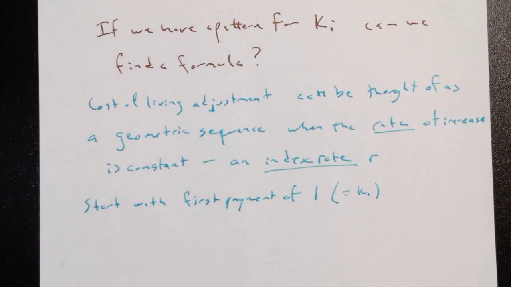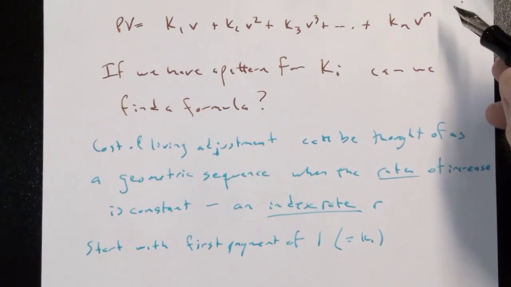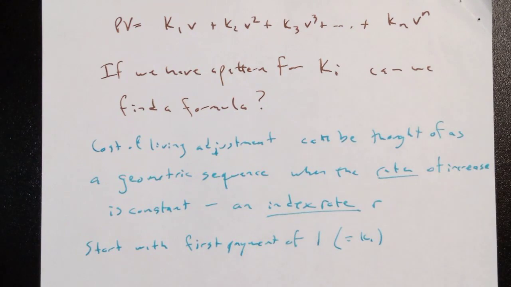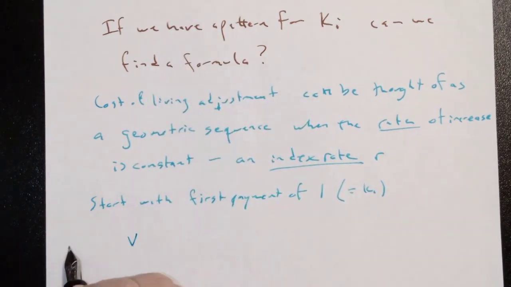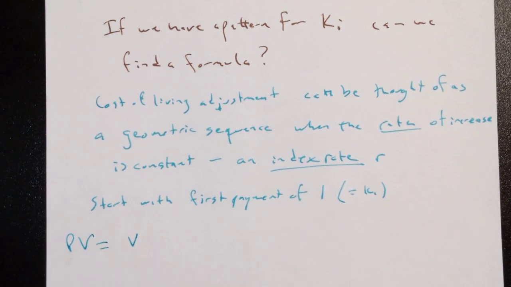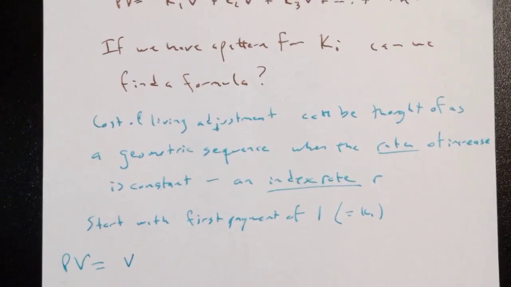Let's think about our present value. That's this formula up here. So my first payment was 1 V. I bring that back 1 period.